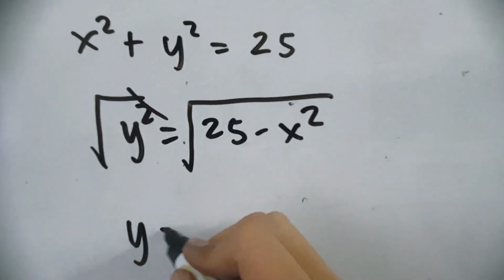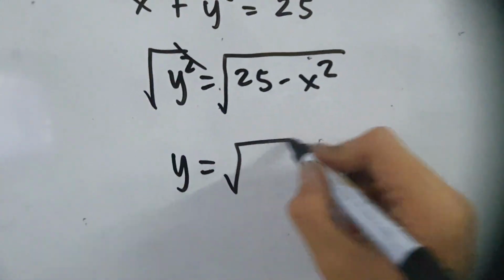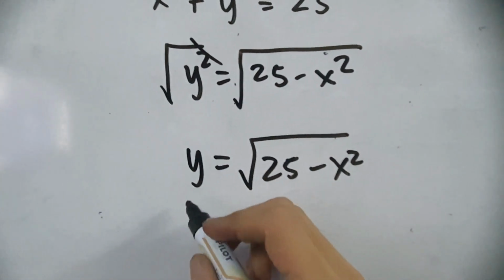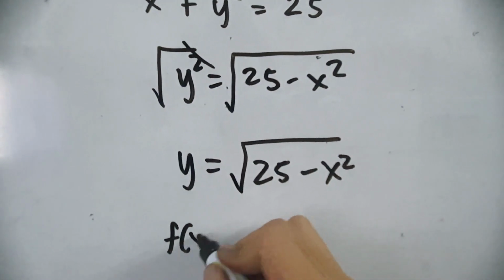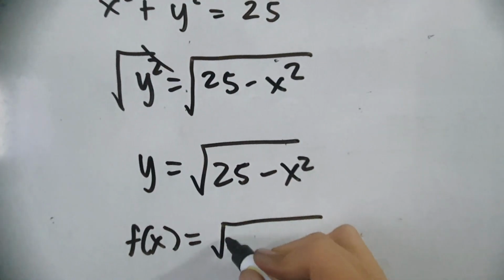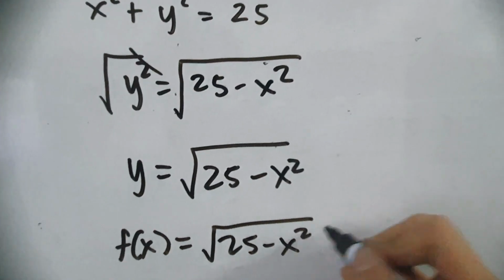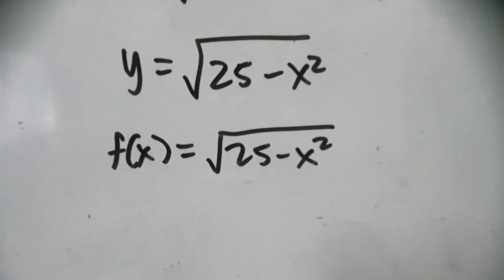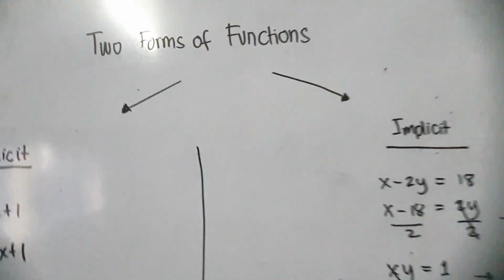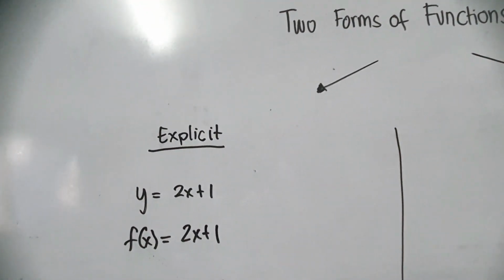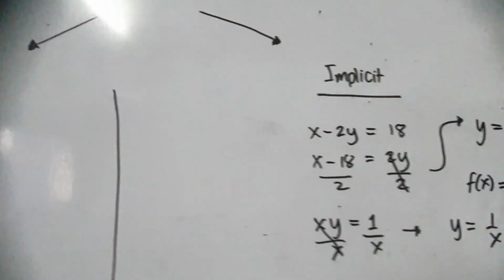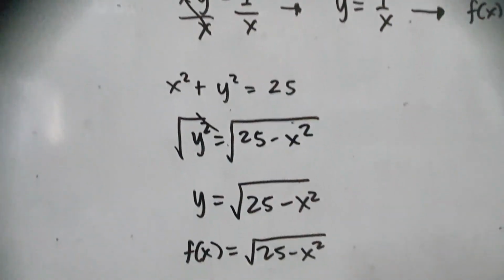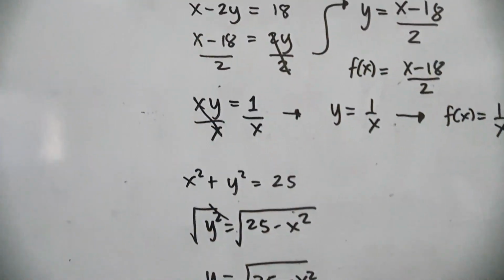So I now have y as the square root of 25 minus x squared. I can then convert this into f of x equals the square root of 25 minus x squared. Now we have learned how to convert an implicit form into an explicit form.